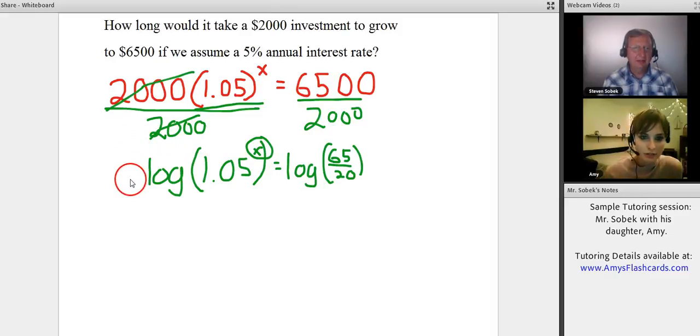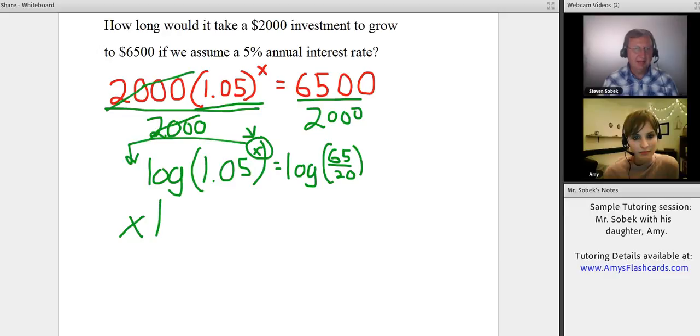So now it's going to be x, that exponent that was up here, okay, I'm going to draw an arrow here, is now going to be moving down here. So now it's going to be x times the log of 1.05, which we could evaluate now or later. It doesn't matter. I prefer to wait till later.